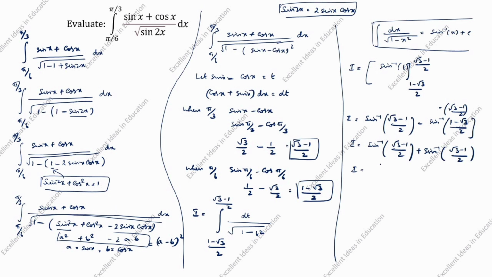I is equal to, you see, here is one sine inverse of (root 3 minus 1 divided by 2), and here is one sine inverse of (root 3 minus 1 divided by 2). So 2 sine inverse of (root 3 minus 1 divided by 2). I is equal to 2 sine inverse of 1 by 2 open the bracket root 3 minus 1. This is the answer. Thanks for watching this video.